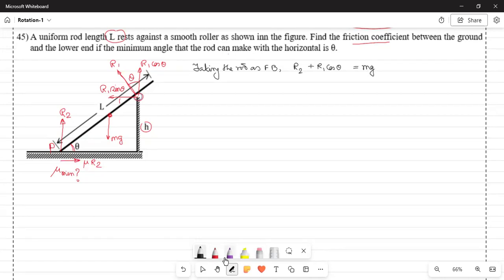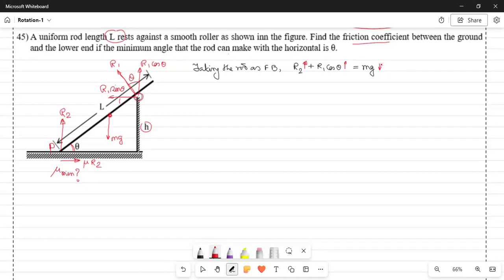Clear? So for your future reference, R1 cos theta was an upward force, R2 was an upward force, and mg was the downward force. This is how I equated it.